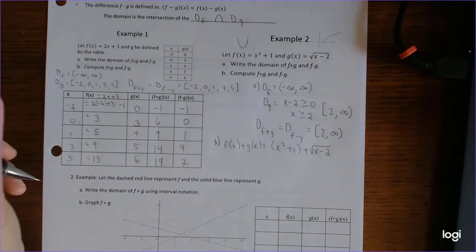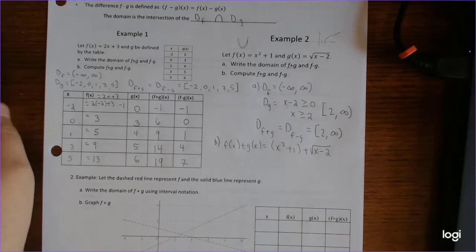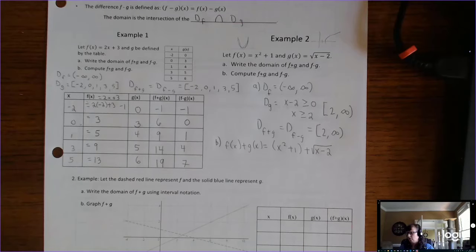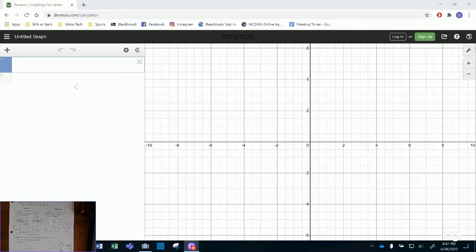And what you've done is you've created a new function. Okay, so this new function, sometimes people don't want to stop here. They think they have to solve for x. What you're doing is creating a new function.